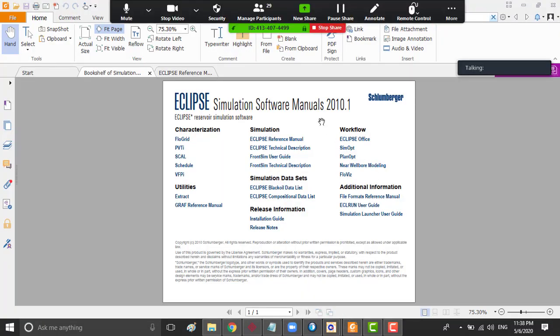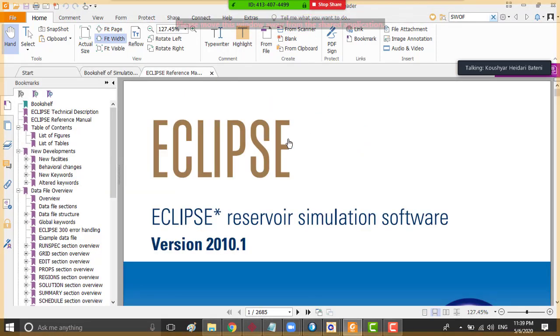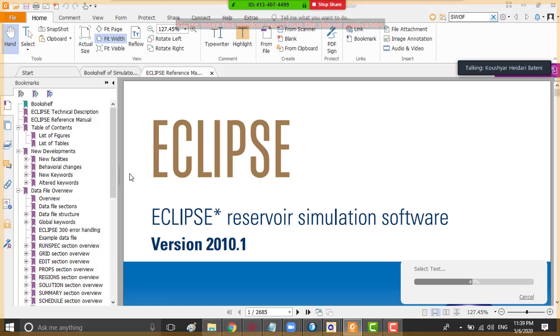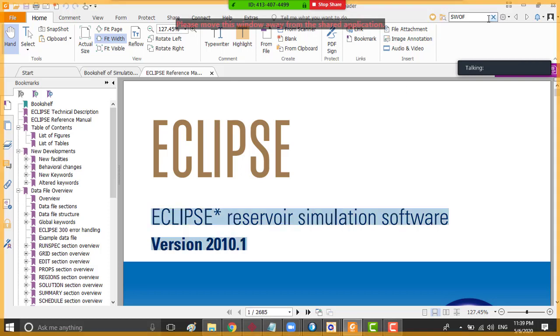Here I am in the bookshelf of Eclipse. Now I click on the reference manual, I press Control F and I search the keyword that I'm looking for. Props.